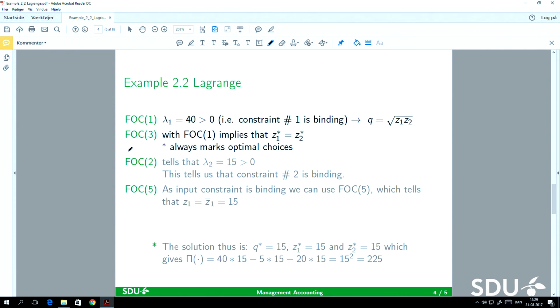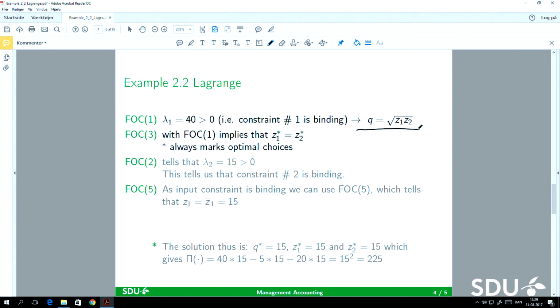Whenever we have a Lagrange multiplier that is above 0, we know that the constraint is binding. So we can write that quantity equals exactly the square root of C1 and C2. This should also be logical, because the firm does not want to use more money on input factors than absolutely necessary, and the only way to do this is by not using more input factors than necessary.